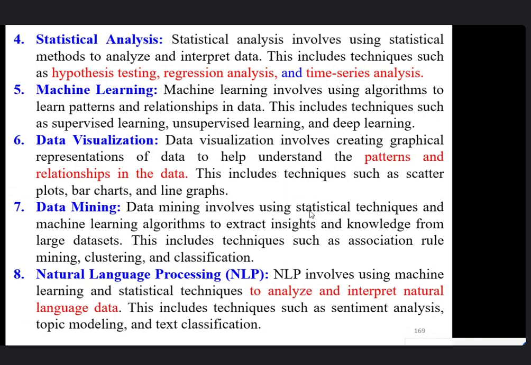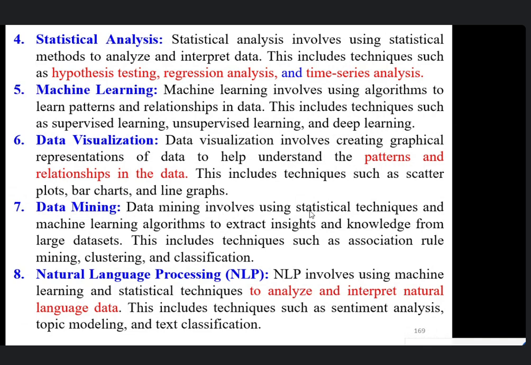It involves a combination of statistical, machine learning, and various techniques and algorithms to extract insights and meaningful, knowledgeable data from large data sets. This includes techniques such as association rule mining, classification, regression analysis, outlier detection, recommender engine, etc.